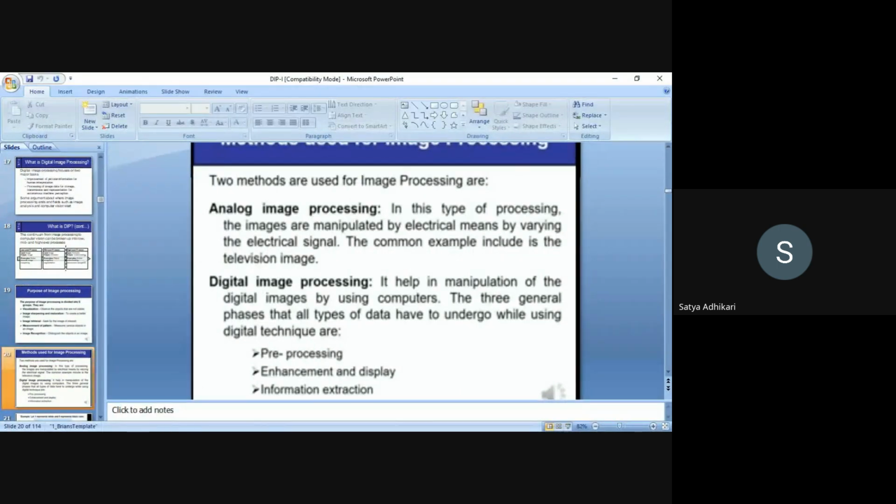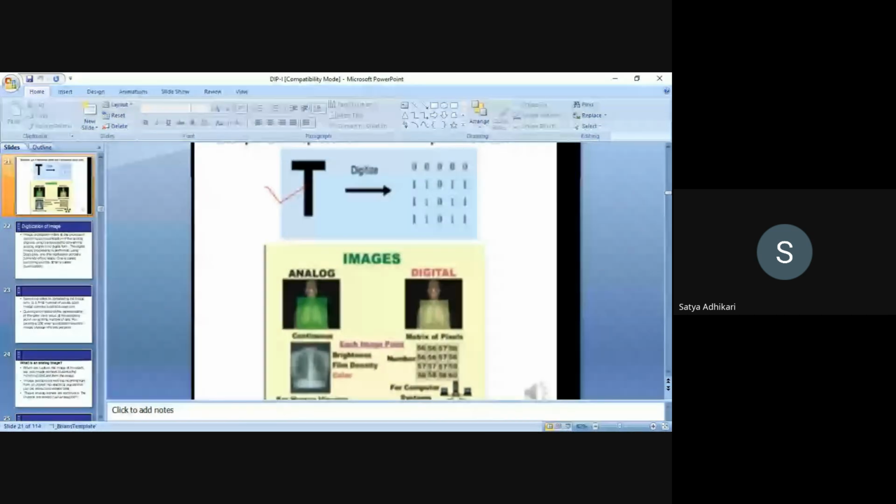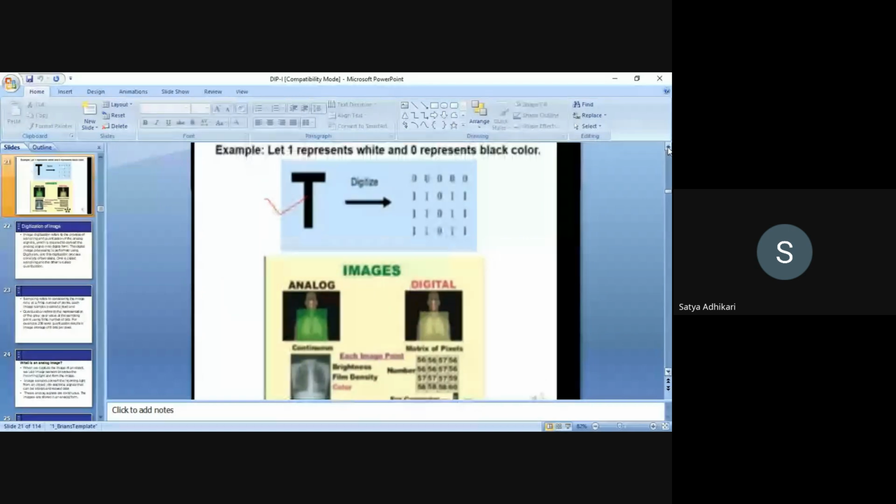You see here, the representation by T, and T is the analog image.